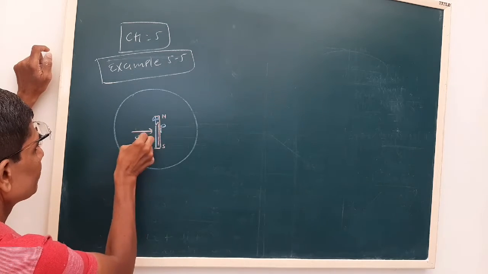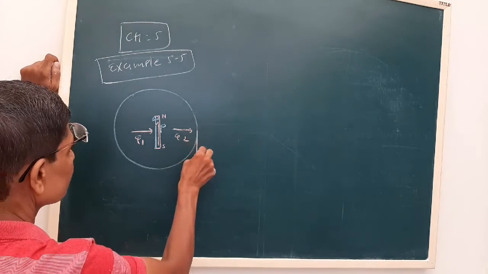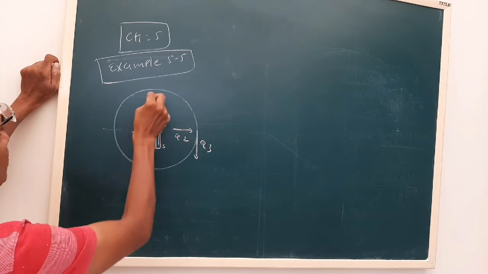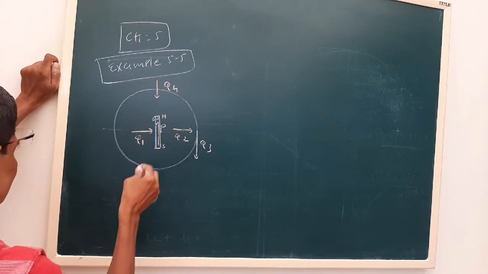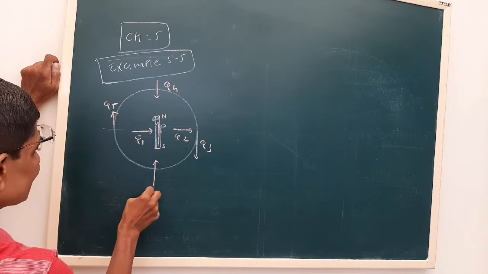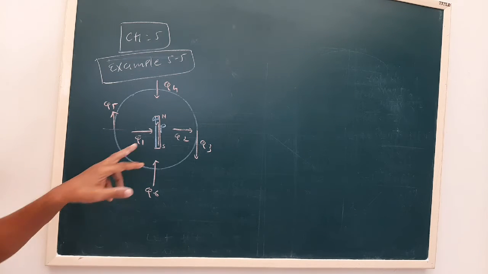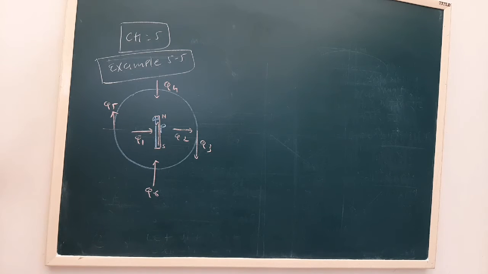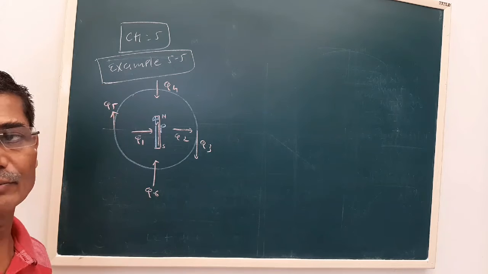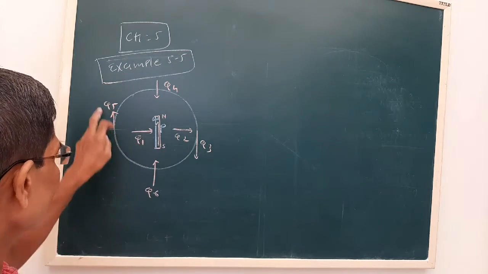Let us say here Q1, Q2, then Q3 and Q4, Q5 and Q6. So what we have to understand is that P produces a magnetic field and these are small magnetic needles placed at different positions, 1, 2, 3, 4, 5 and 6.